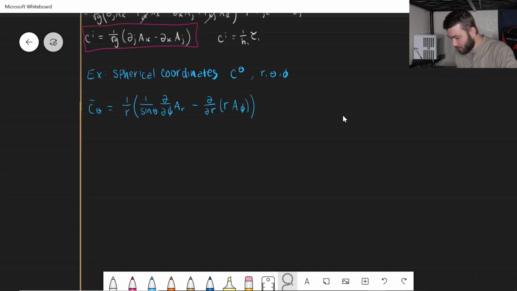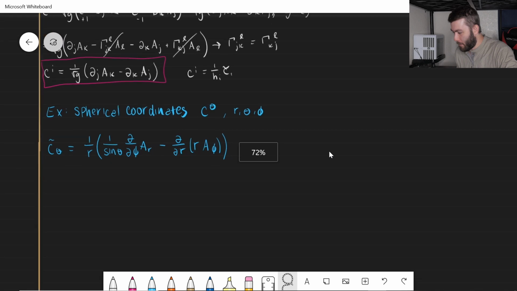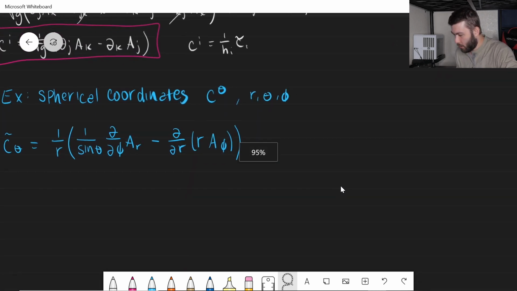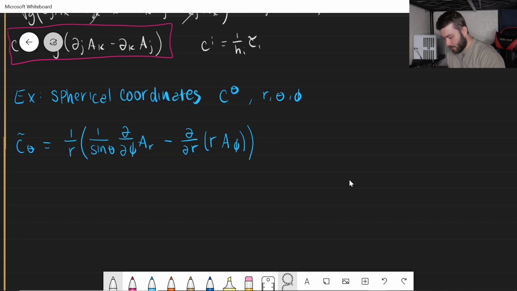Okay. So let's go ahead and apply the magenta equation in spherical coordinates. So we are looking at c theta, and that's going to equal 1 over root g. In spherical coordinates, we've done it a million times now, root g is r squared sine theta.